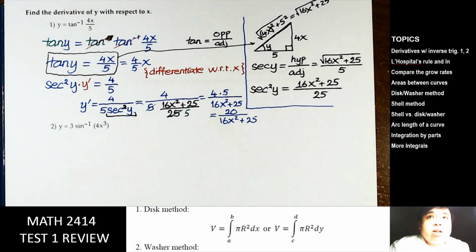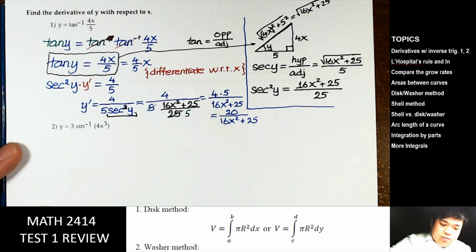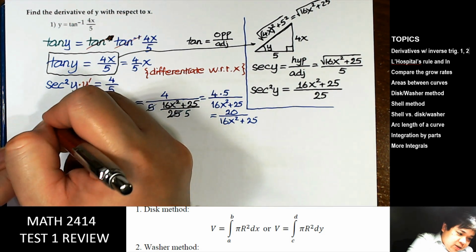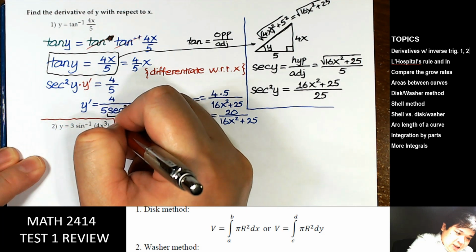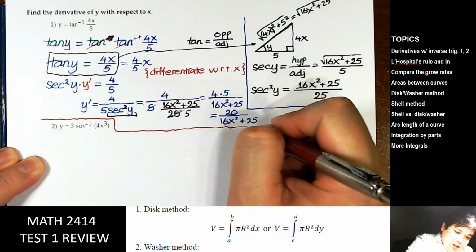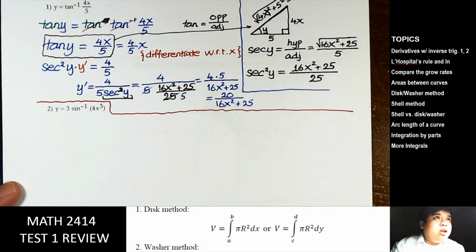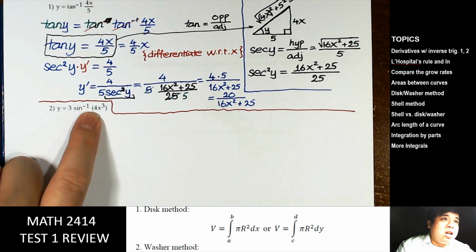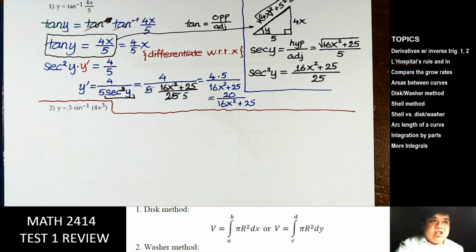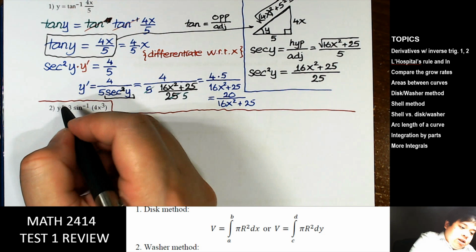Right. Now we look at problem number 2. I just draw a line here. Right, for 2, the difference here is we have 3 times the sine inverse. So we cannot take the sine right away. We have to divide by 3 on both sides first.